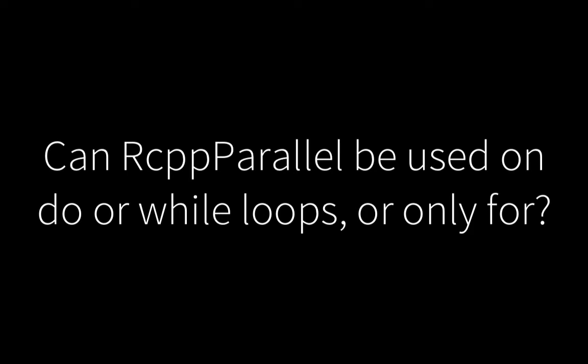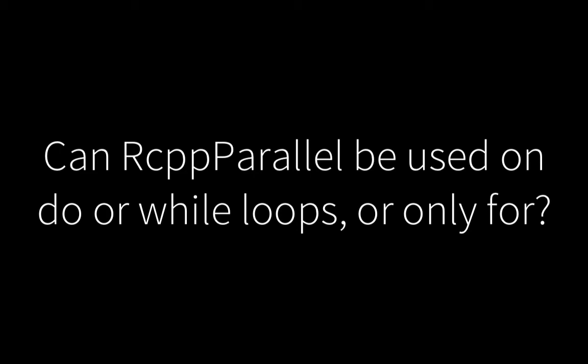All right, I will take one more question. The question here is, can RcppParallel be used on do or while loops, or only for? RcppParallel takes the work that might be done by a for loop and gives you a way of expressing that in parallel. And most do or while loops probably have an equivalent way of expressing them with a for loop that might not be as obvious, but should be possible.